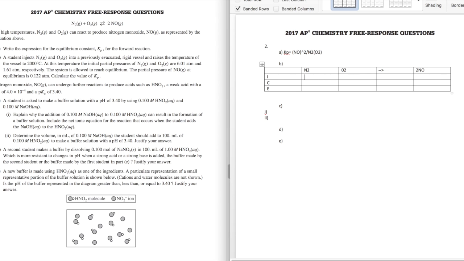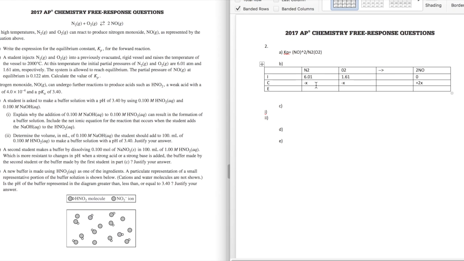For the initial row, the first one is 6.01, the second one is 1.61, and NO is simply 0 because we haven't formed any yet. Then for the change we put negative x, negative x, and 2x.